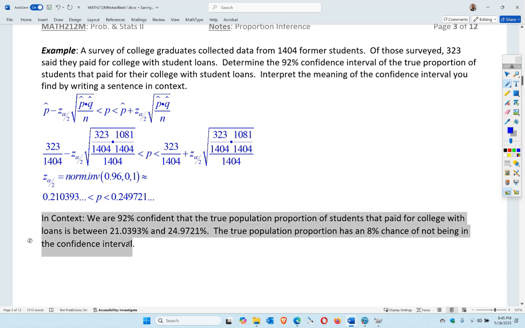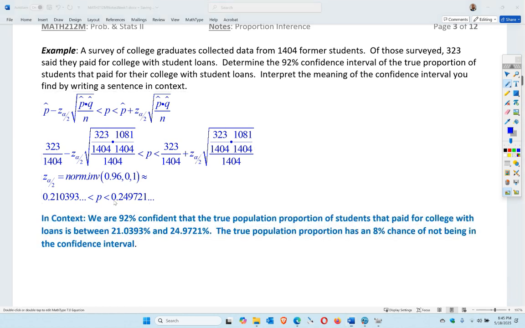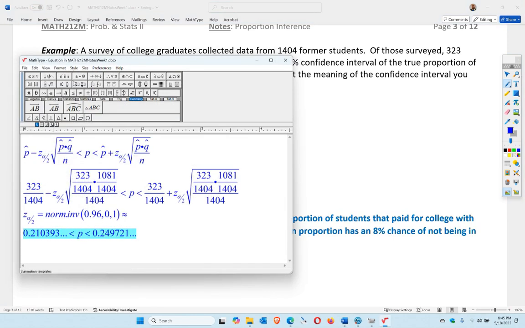So this is our confidence interval right here. That's our confidence interval.